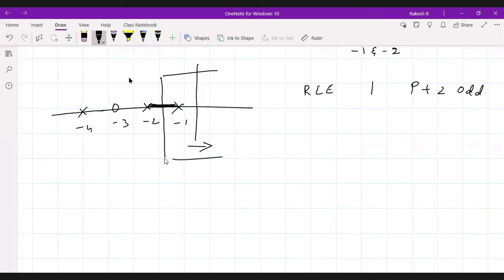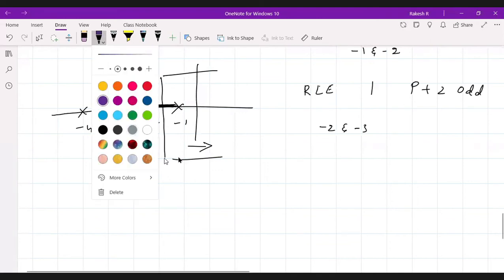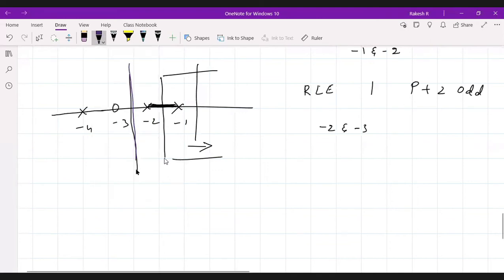Next, I shall take between minus 2 and minus 3. We need to check for the existence of root locus in between these two. How many poles plus zeros are there?